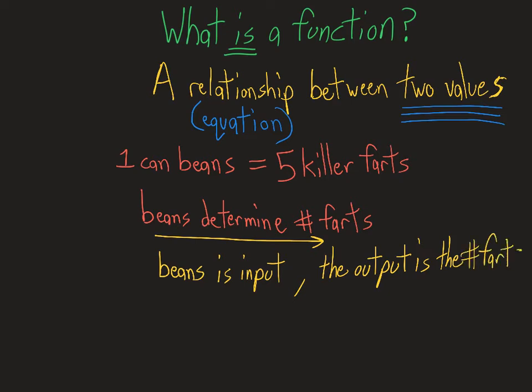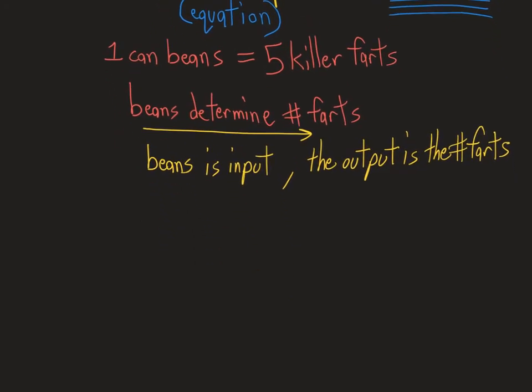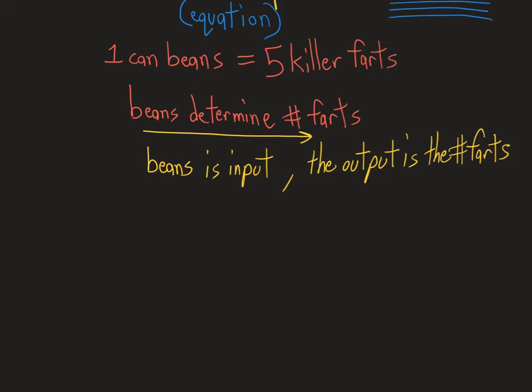And so now we have everything we need to write up an equation. We can say that beans, as our input, we're going to call x. We're going to say our number of farts as the output. We're actually not going to give that a name yet, but it's going to have one momentarily.